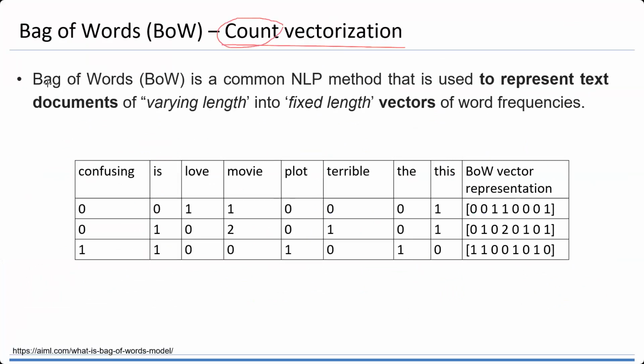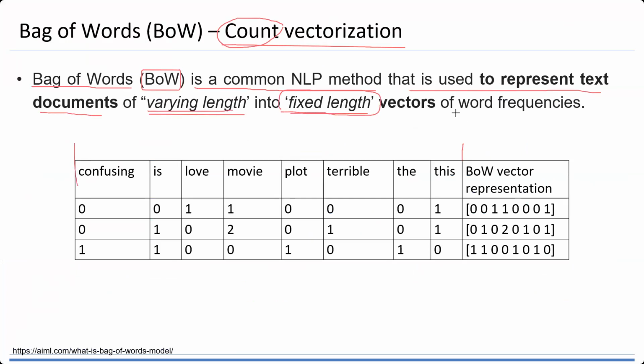Bag of words, or sometimes BOW, is a common NLP method used to represent text documents of varying length as fixed-length vectors. With one-hot encoding we still have some varying length, but with BOW we can have a fixed length. The length will be fixed, and then we can use it as features for machine learning.